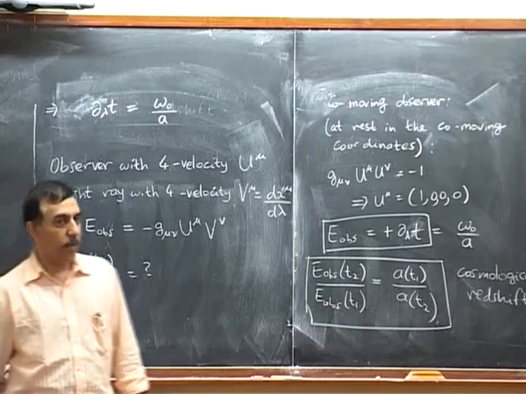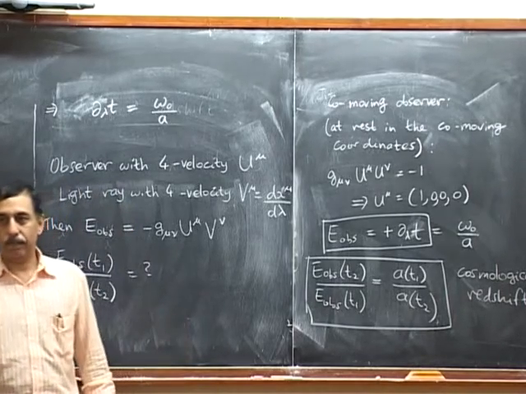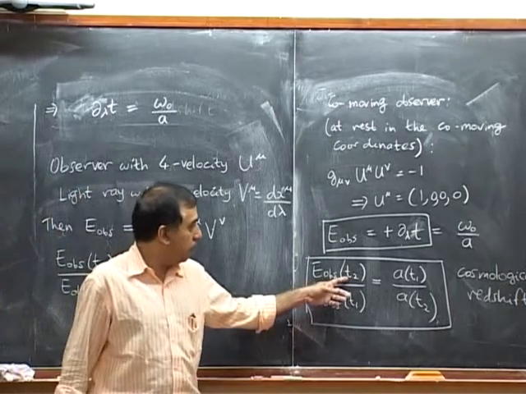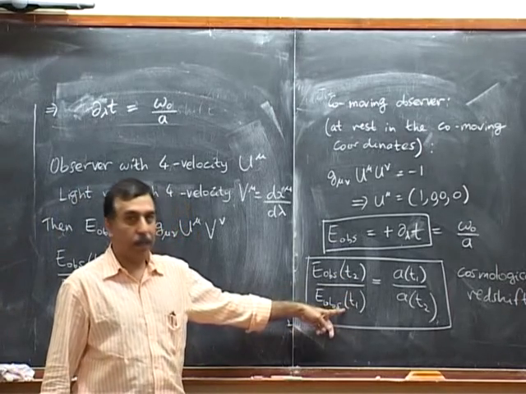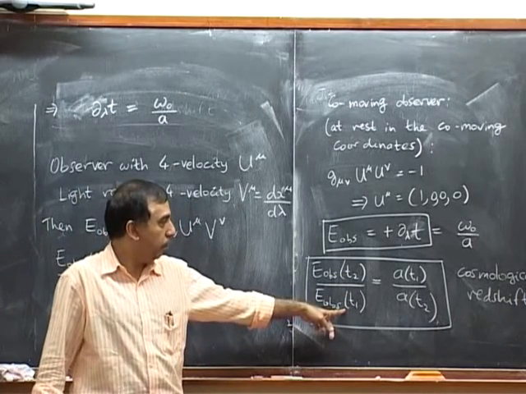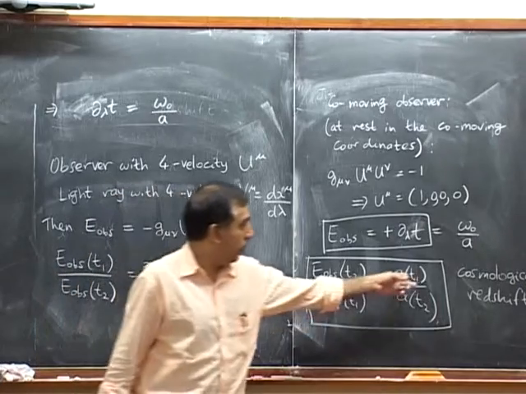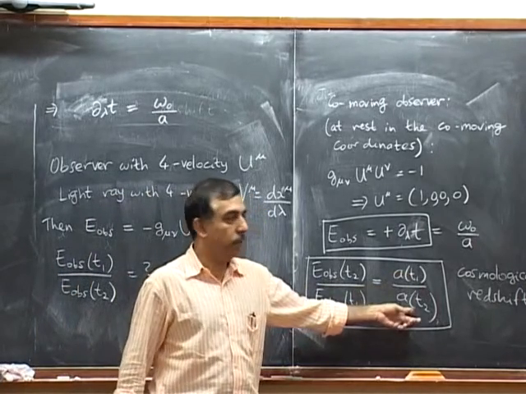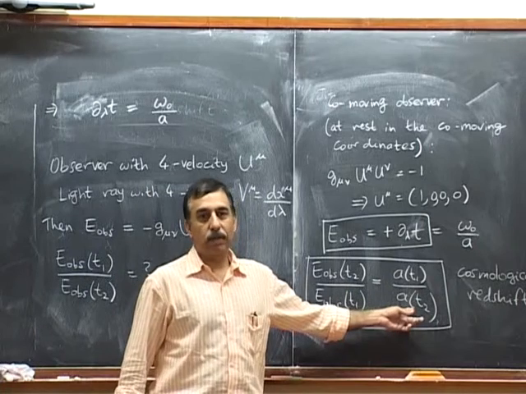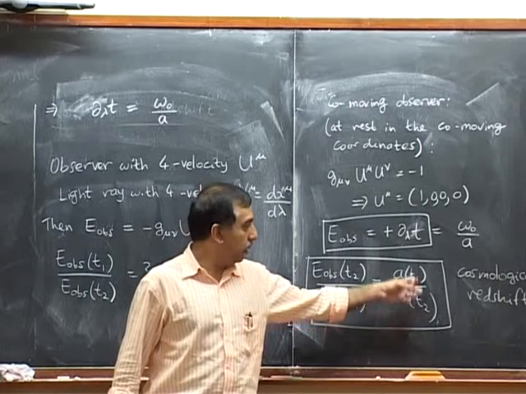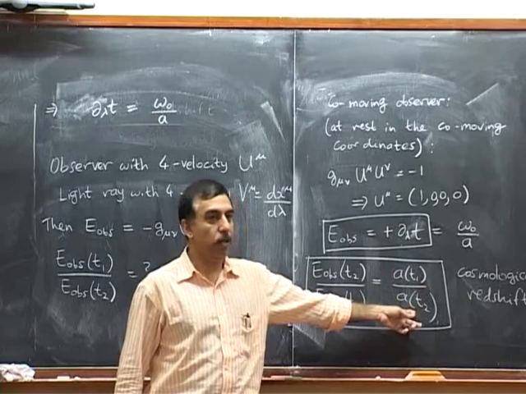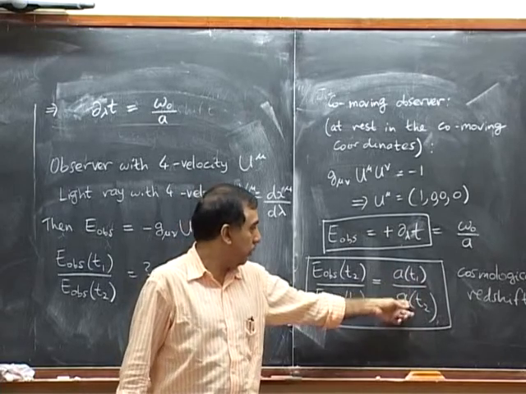Let's fix that t1 is an earlier time and t2 is a later time. So this is the measurement at a later time divided by the measurement at an earlier time, and it's coming out to be the scale factor of the FRW metric at the earlier time divided by the scale factor today. So if the universe is expanding, then this right hand side is less than 1. The scale factor earlier was smaller than the scale factor now, so this is less than 1.